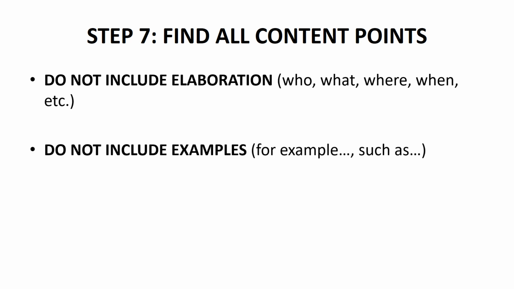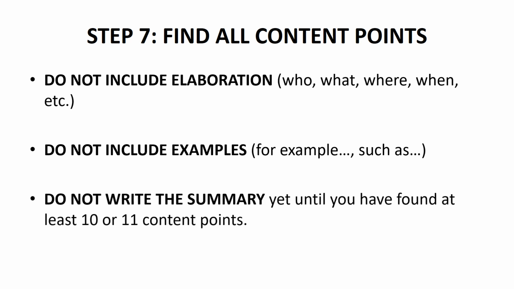Also, you do not include examples. Examples are very easy to spot. Normally you will find phrases like for example, such as, some, for instance. And last but not least, as I said earlier, do not write the summary yet until you have found at least 10 or 11 content points.